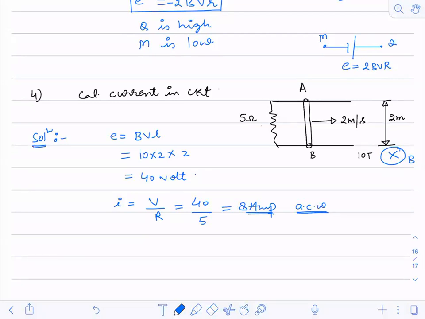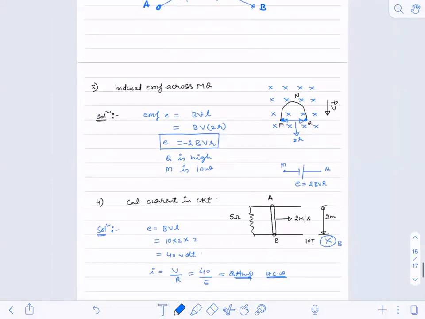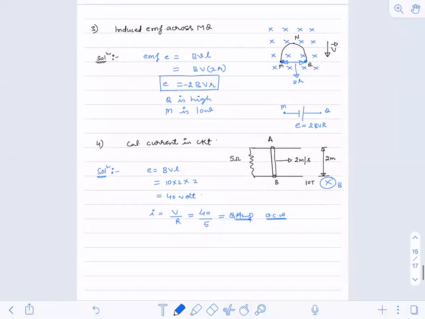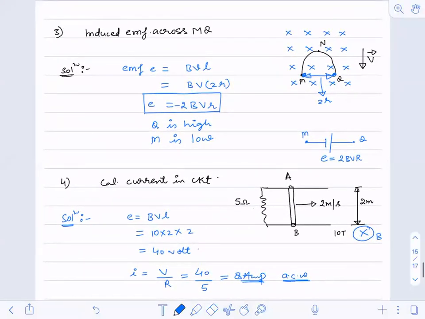Okay. So just take this also. Tomorrow we will do more complicated questions on this kind of question number 4. We'll see more variations in this.